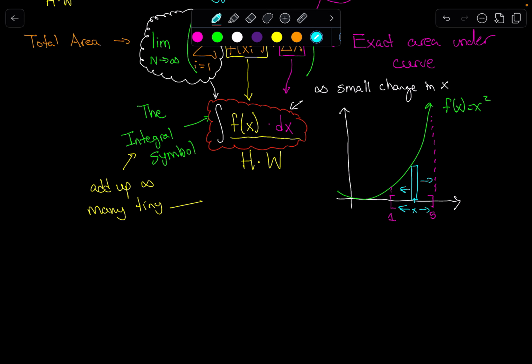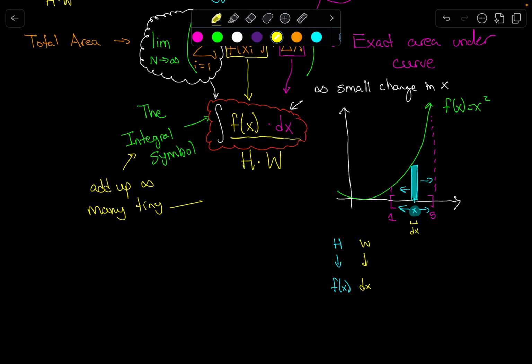And so the way we do that is to say, what is the height of one of these arbitrary rectangles? What is the height of this guy right here? At any given x, the height is just the y value. It's going to be f of x. The width is dx, this infinitely small change in x.